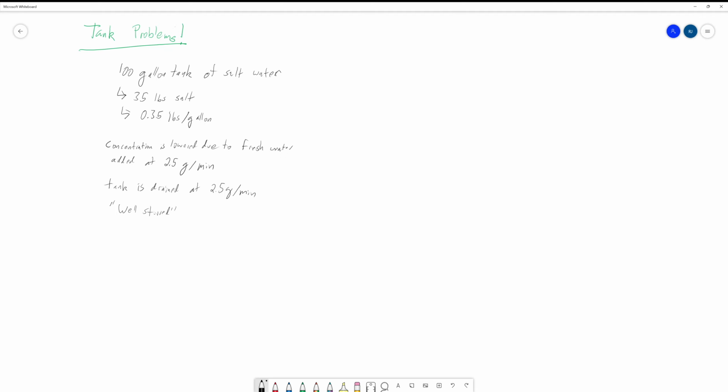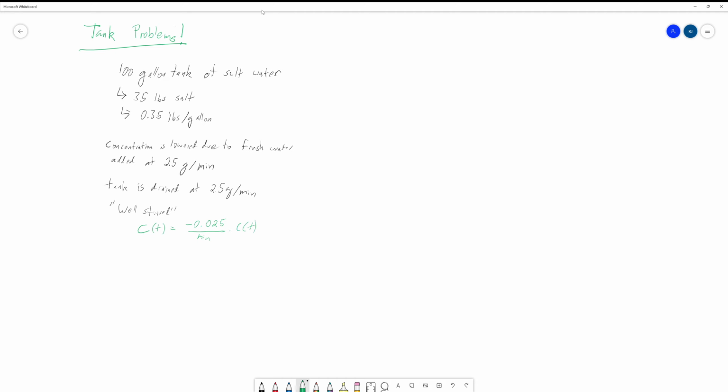Okay, and then we are given that the rate of change to the concentration of salt in the tank is given as C, the concentration as a function of time, equals negative 0.025 per minute times C of t.